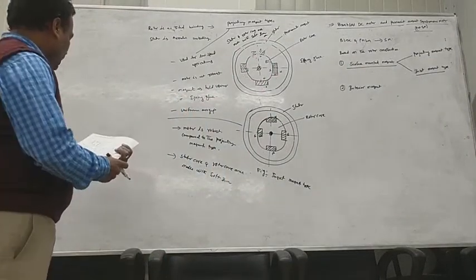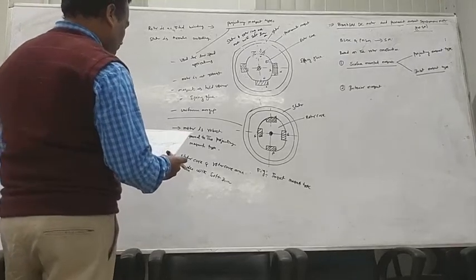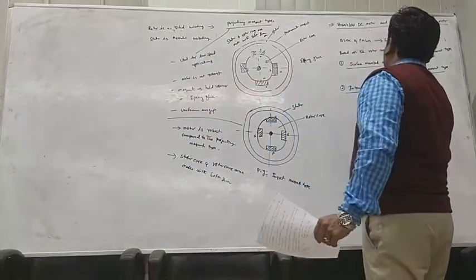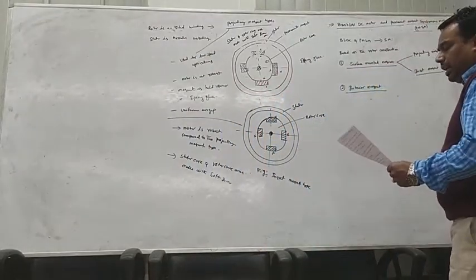Okay, and let us see the interior magnets. The next one is interior magnets, the interior permanent magnet motor. If the rotor is an interior rotor, then we call it an interior permanent magnet motor.